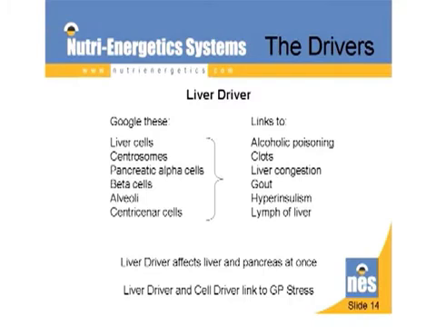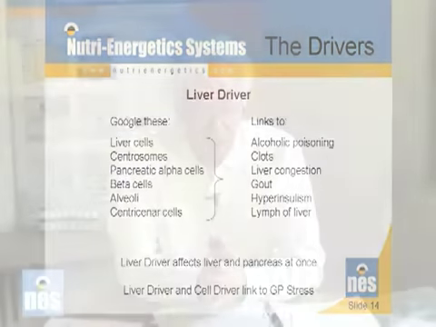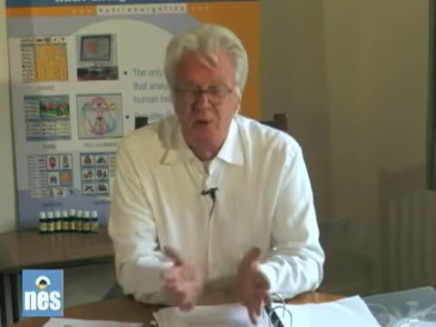There are matches with alcoholic poisoning, threatening blood clot, that is high levels of fibrin and the other things that go with it, liver congestion, gout, hyperinsulinism and lymph of the liver. If we're treating lymph anywhere in the body, you think of liver driver, but you can also think of pancreas driver. Don't have to use them at the same time, but you can alternate.